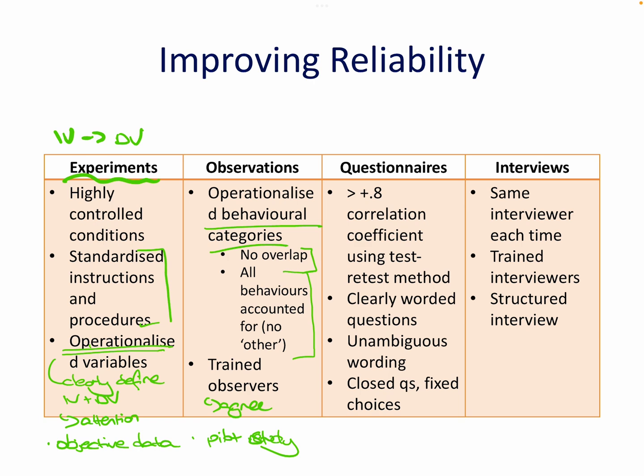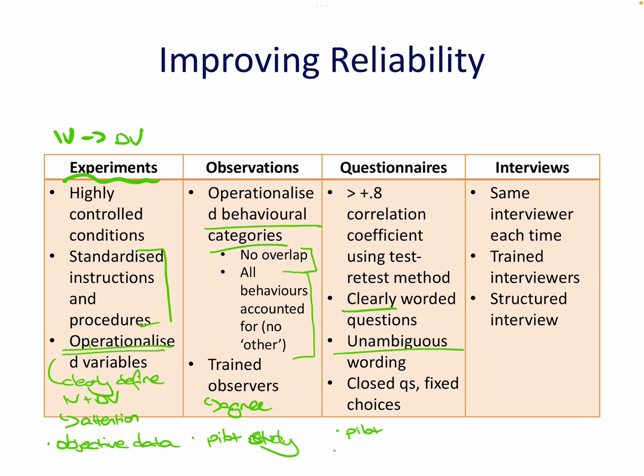For a questionnaire, we could do a pilot study here as well. We could give our questionnaire to a few people and just see what the results are. We could do our split half technique to check it. We want to use clear and unambiguous wording. We want to make sure that there's nothing there that could be misinterpreted or nothing that is open too much to interpretation.